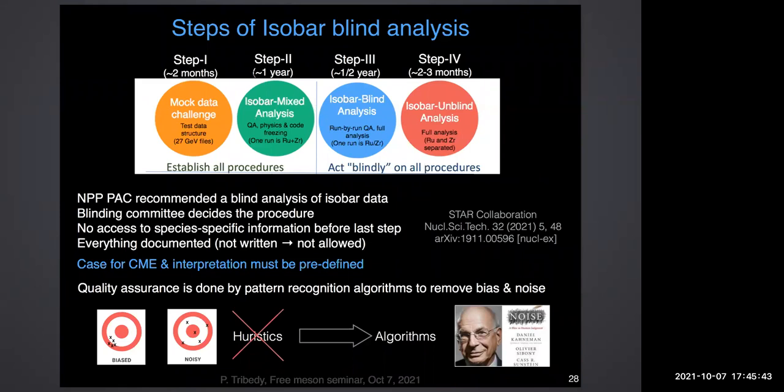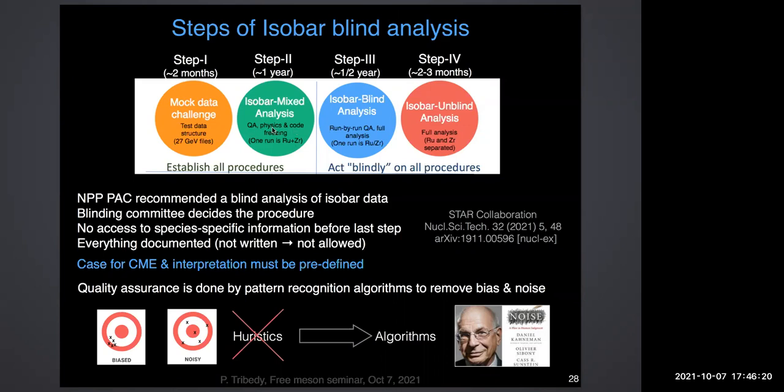The first step took 1 year. What you do is you provide the analyzers not with ruthenium and zirconium data. Remember, we know that the signal in ruthenium will be larger than in zirconium. We know this before we begin, so there is a lot of chance to introduce biases. So in the first step, you don't provide the analyzer with the data, you provide a mixture of ruthenium and zirconium, and ask the analyzers to develop all the codes and freeze the code so that you don't touch it.